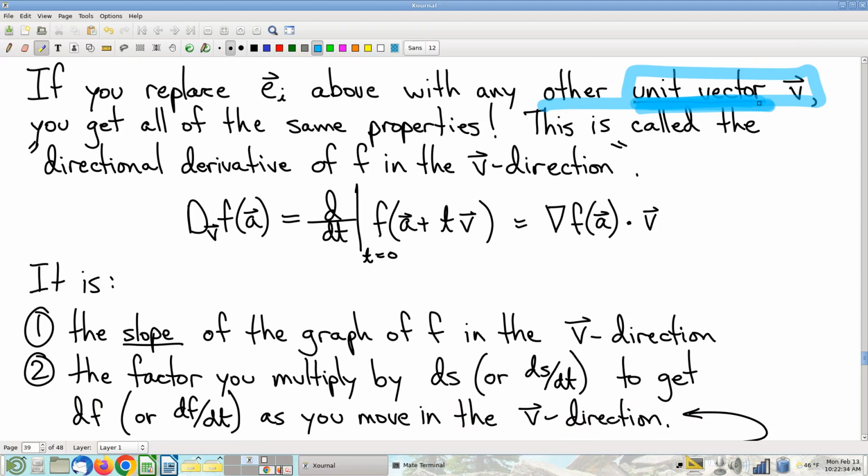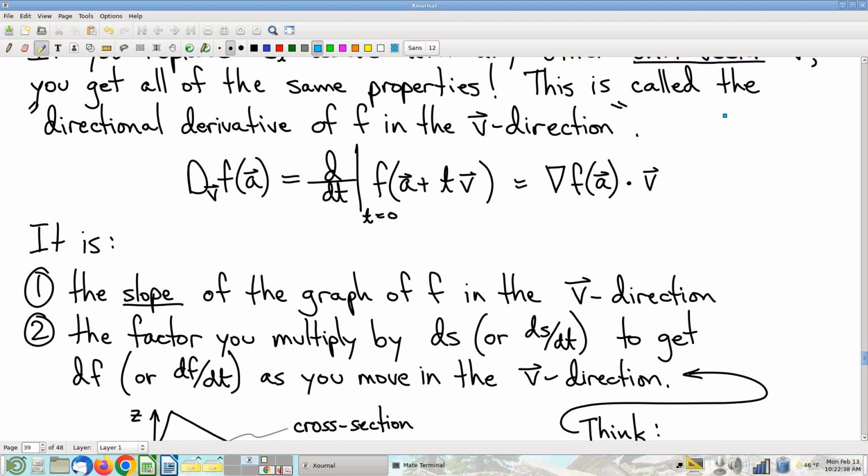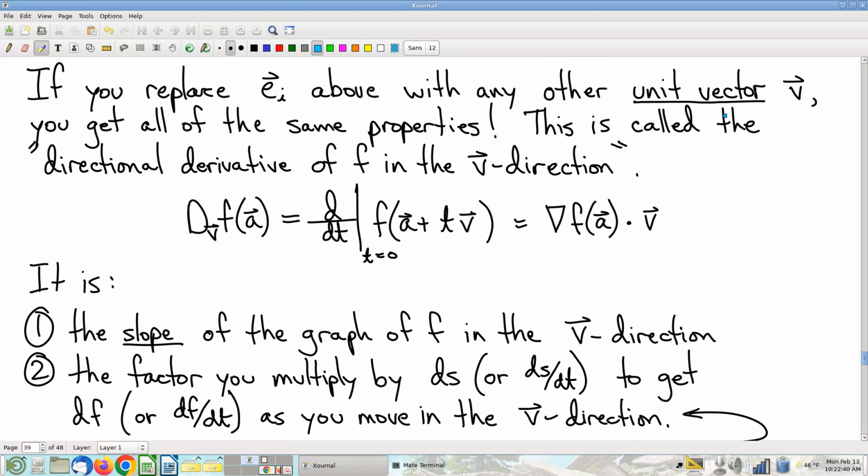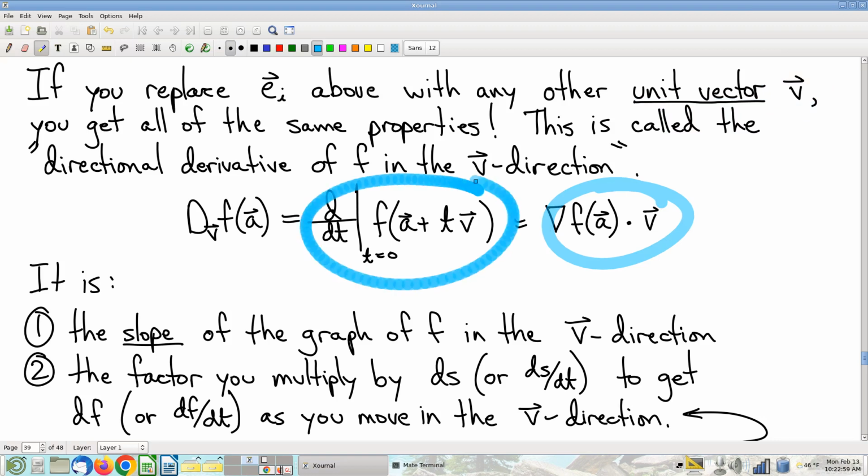So that's the idea, and here's the statement. Now again, it does have to be a unit vector v. So you'll notice in particular that's a unit vector, that's a unit vector, etc. But that said, this thing, just like in the previous case, ought to equal that thing.